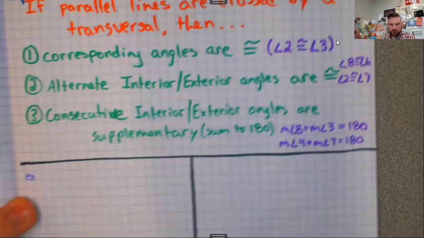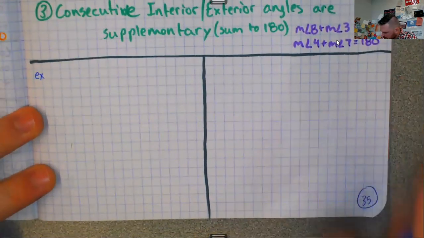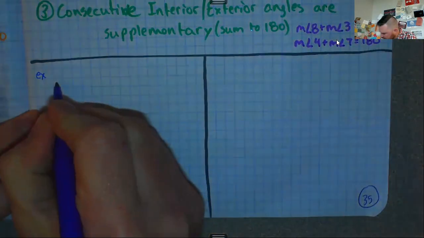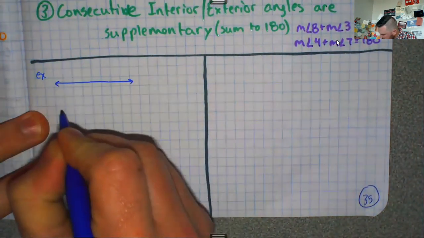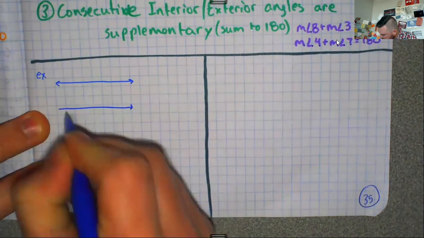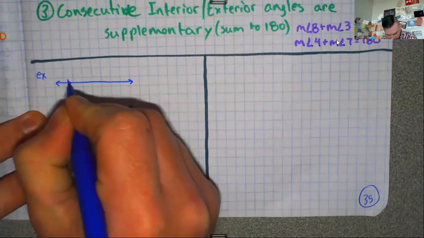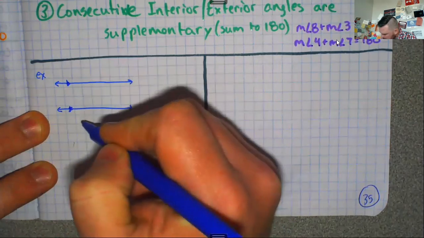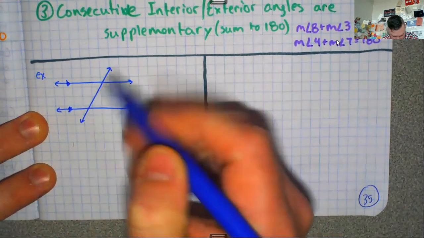Zoom in here and we can get a little closer look. So example 1, let's say I have this line, and those lines are parallel, and we're crossed by another line, that transversal.